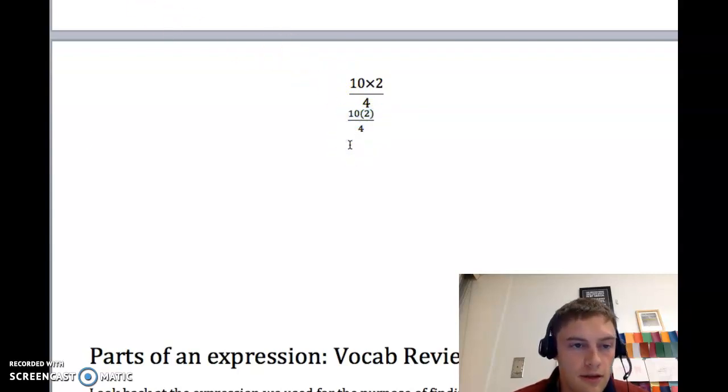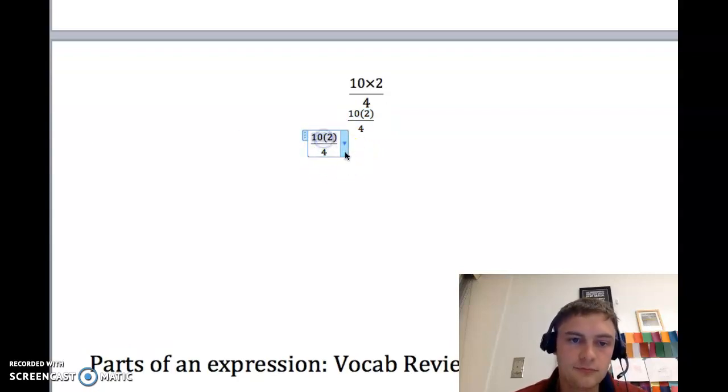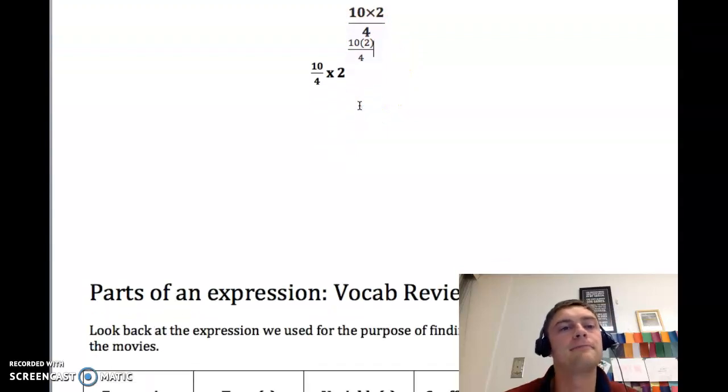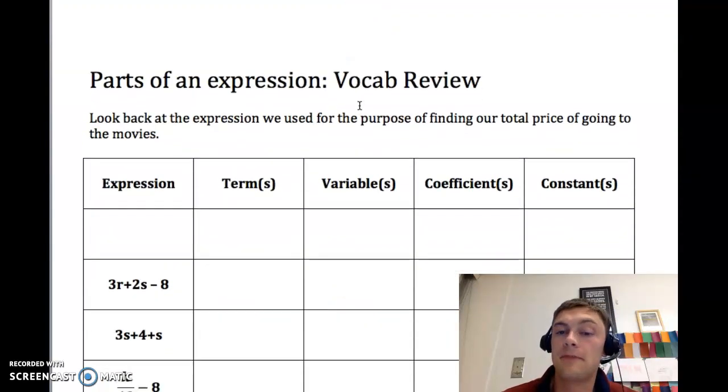So right under that, I want you to write 10 over 4 times 2. And what's really important is that I want you to recognize that right there is the same thing as this. So we kind of just pulled that 10 over 4 out. We're allowed to do that with division. Okay, we're going to keep that in mind.